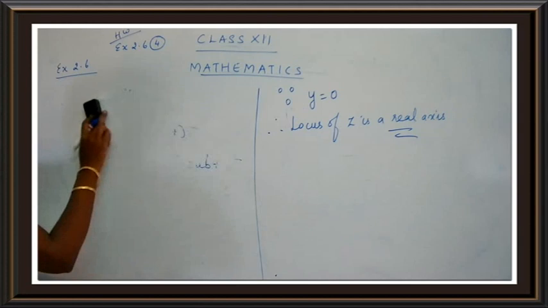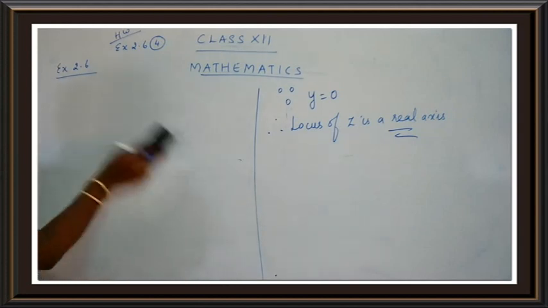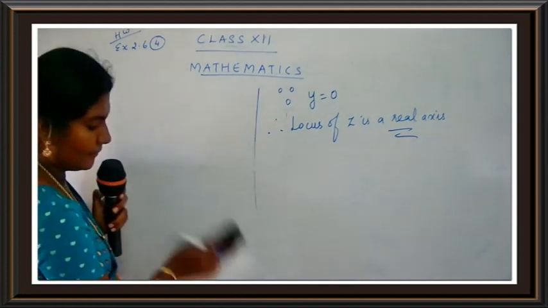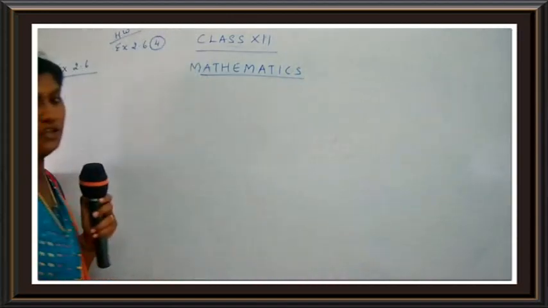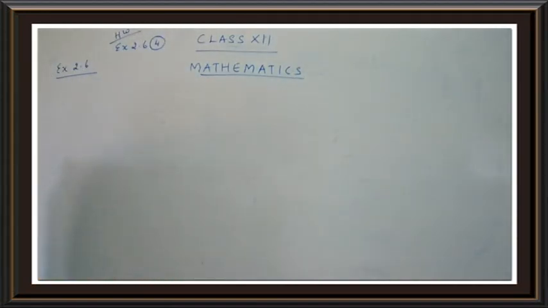All are smart, all are brilliant, all are experts, all are mathematicians. Yes, children? So you know everything. So only one thing is you have to keep on practicing a lot and you're going to score more marks. Just keep in your mind, you have to practice a lot. That's all. Let's move on to the second sum.